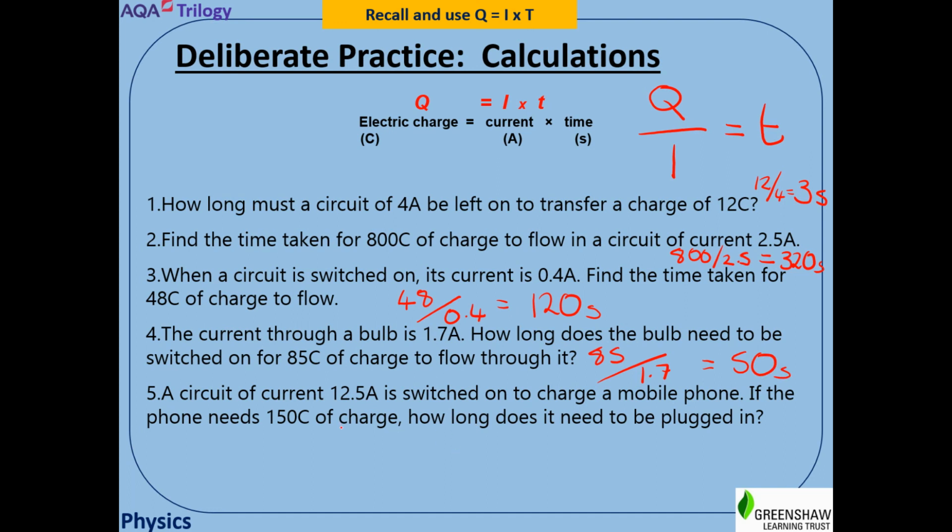And finally, 150 coulombs divided by 12.5 amps equals 12 seconds.